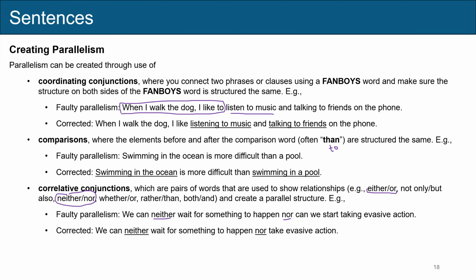Here, this parallel structure is, generally, okay. We'd be able to figure out the one ahead in our brains as we're reading it. But this part here, with the can here, it breaks up that parallel structure between that comparison that's happening. And the comparison here is happening with the nor. Neither wait for something to happen nor take evasive action.